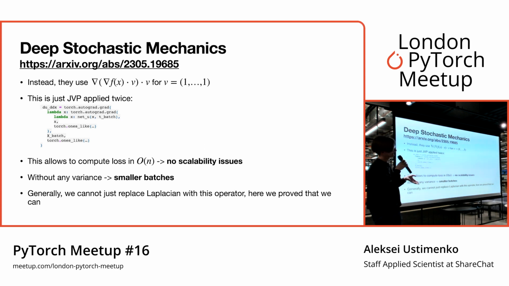And compared to the Hutchinson estimator, it has no variance whatsoever. So we can use small batch sizes and still get convergence. And that's quite an interesting thing for me.